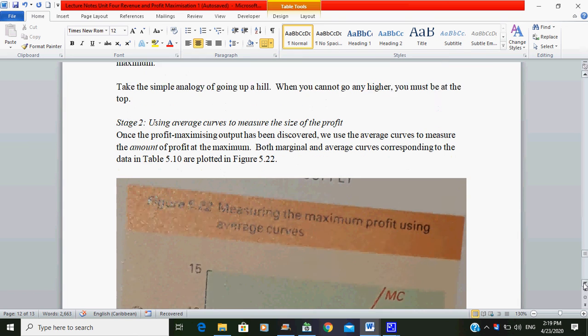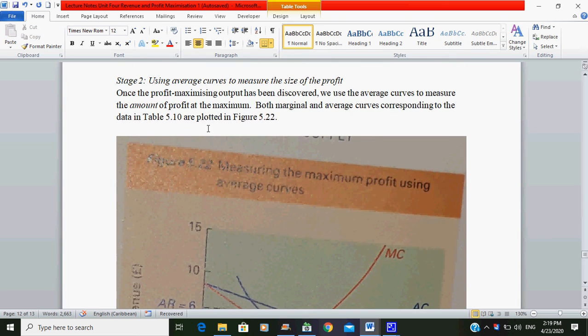Alright. Step 2 now. Using average curves to measure the size of a profit. Once the profit maximizing output has been discovered, we must use average curves to measure the amount of the profit at the maximum.